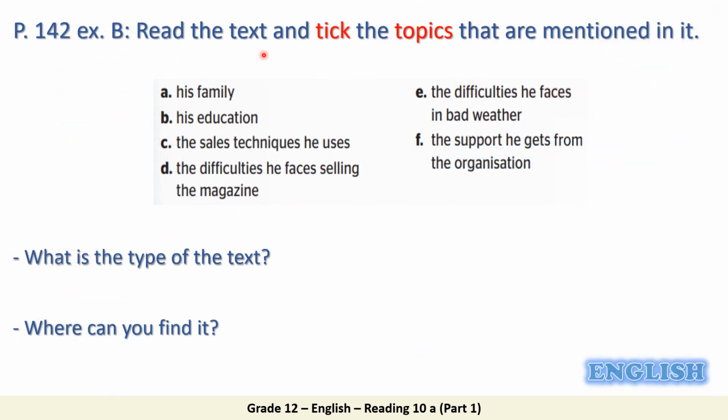Now read the text and tick the topics that are mentioned in it. These are 6 topics. Some of them are mentioned in the text. Please tick them. Also, you've got this question, what is the type of the text and where can you find it?